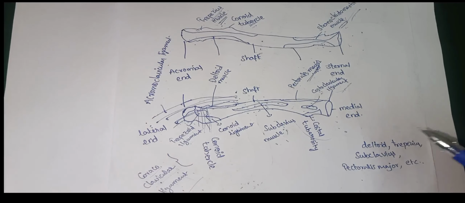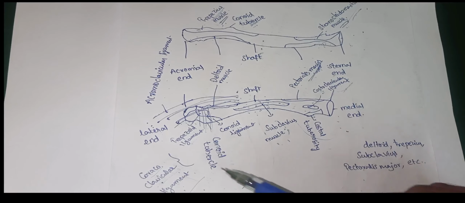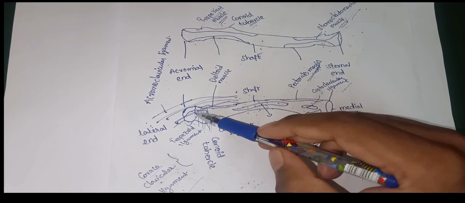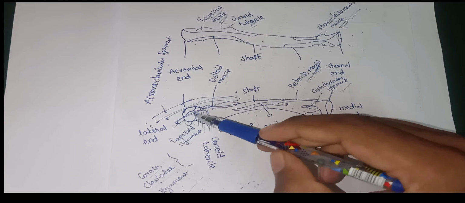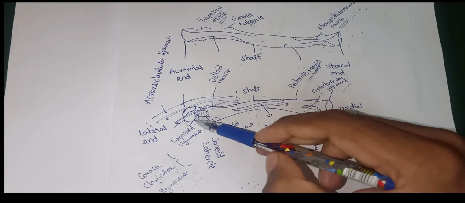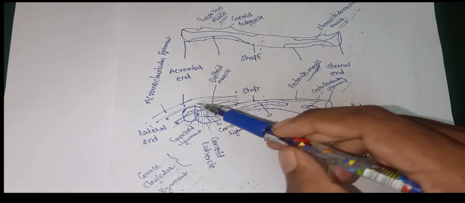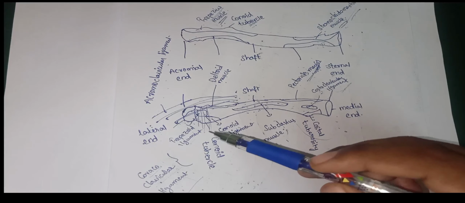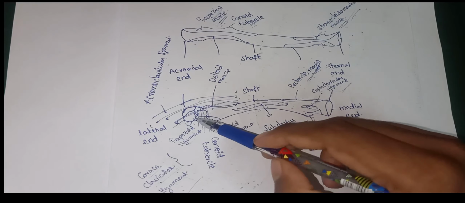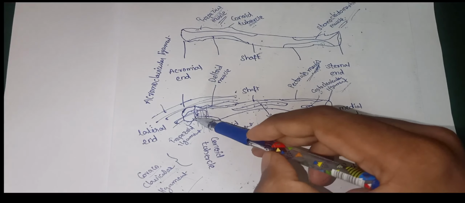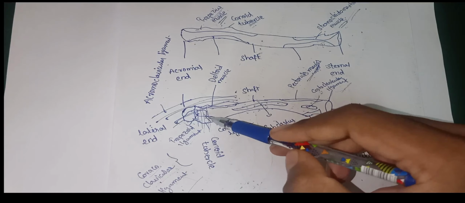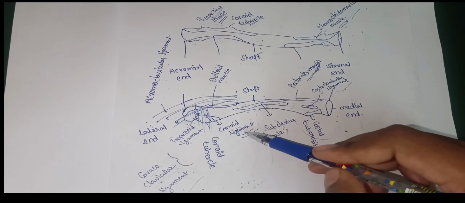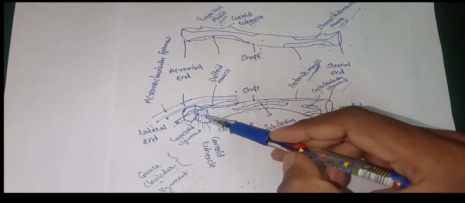Next, the trapezoid ligament. As we have seen in the last class, there is a line called the trapezoid line, and on this line the trapezoid ligament is present. This trapezoid ligament combines with the conoid ligament, which is present on the conoid tubercle.